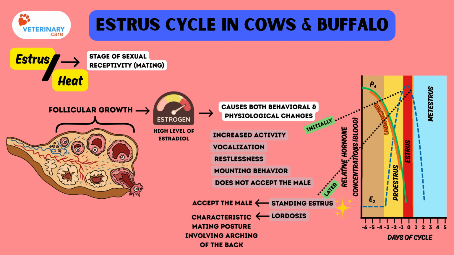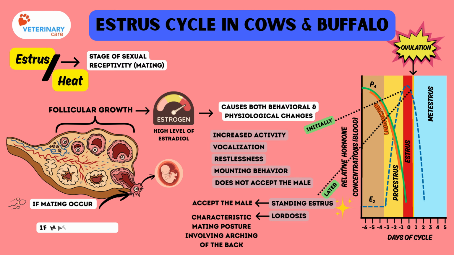The duration of estrus varies widely among species and individuals. Ovulation occurs near the end of estrus. If mating and fertilization occur, sperm fertilizes the ovulated oocyte. If mating does not occur, ovulation may still take place in spontaneous ovulators, but pregnancy will not occur.